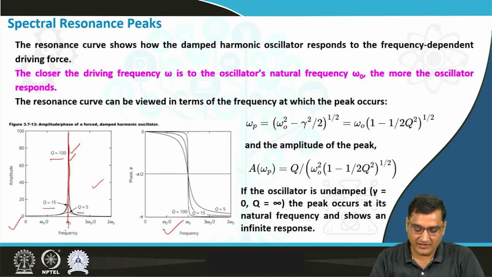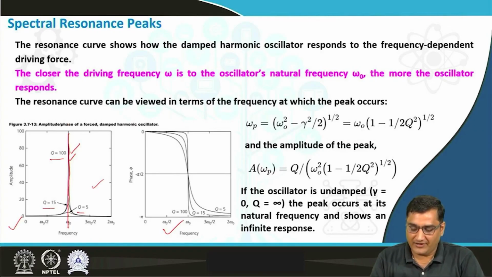Suppose Q is equal to infinity and gamma is equal to 0, that means the damping factor is 0 and the quality factor is infinity, then you can expect that this peak should go to infinity. That means it will show an infinite response.